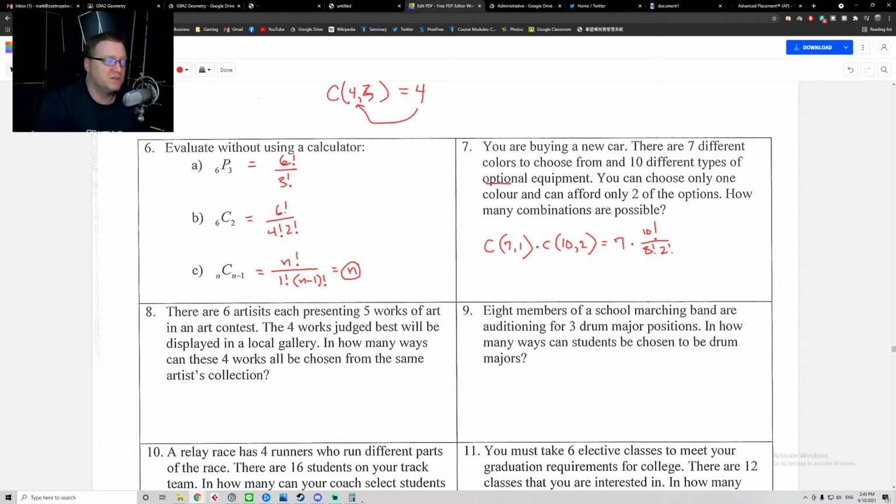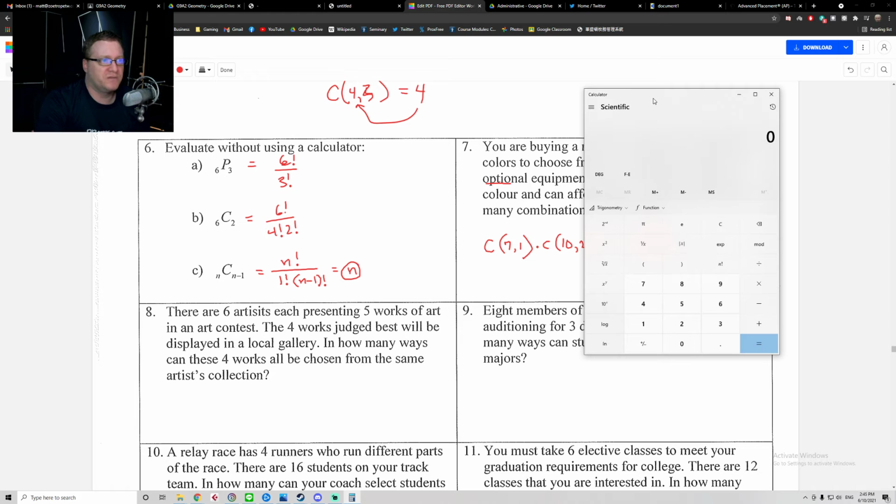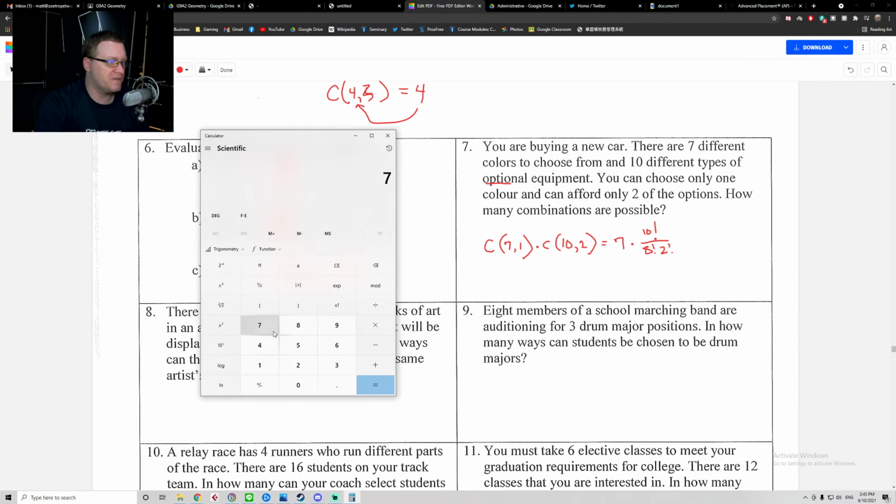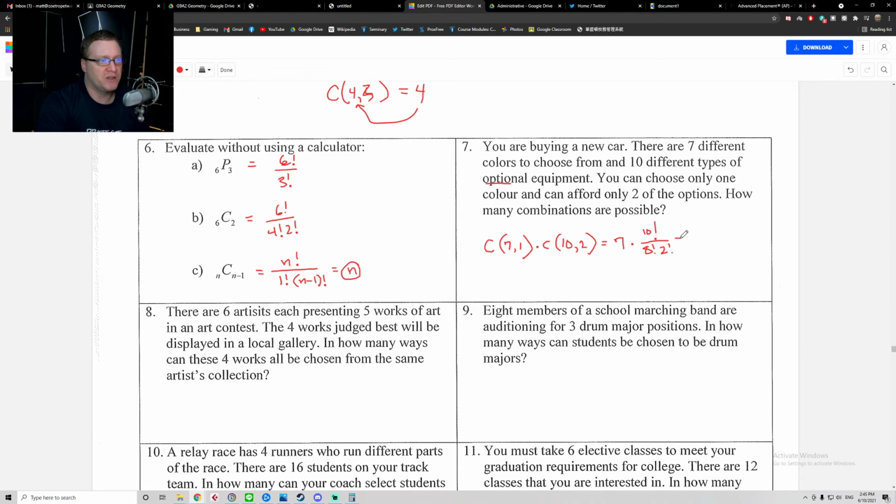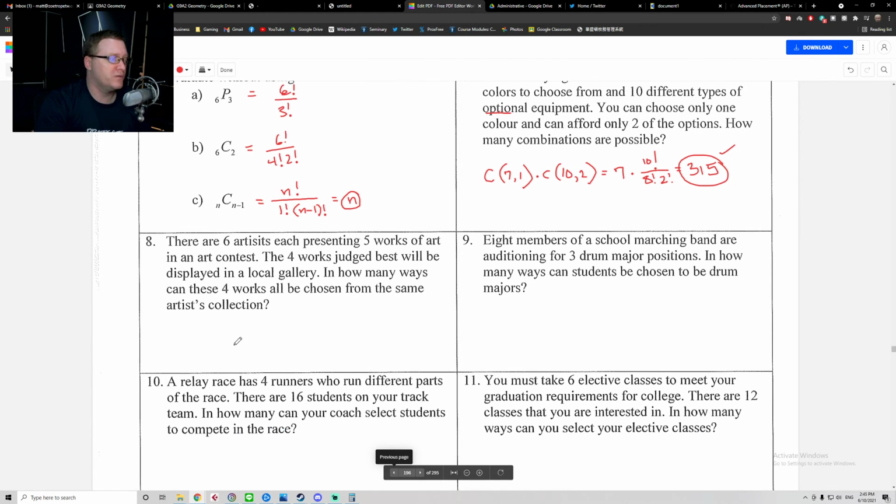If I calculate that out, you have 7 times 10 factorial, divided by parentheses 8 factorial times 2 factorial, hit equal, and you get 315. Boom.